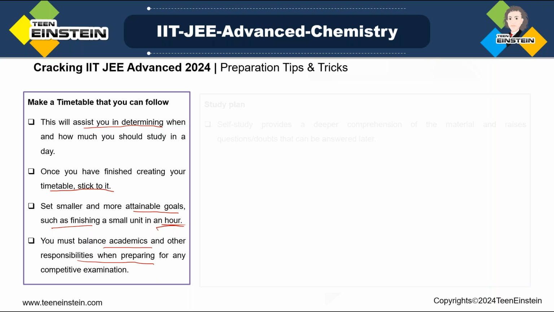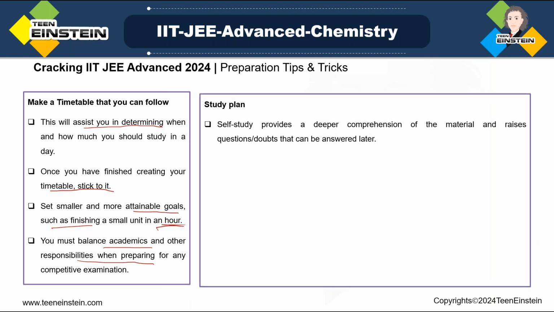Study plan. Once you have made the timetable, next you have to make the study plan. That is, what to read first, what to read next, all this stuff. Self-study provides a deeper comprehension of the material and raises questions or doubts that you can answer later. Whenever you are studying a chapter, some questions or doubts will obviously arise in your mind.